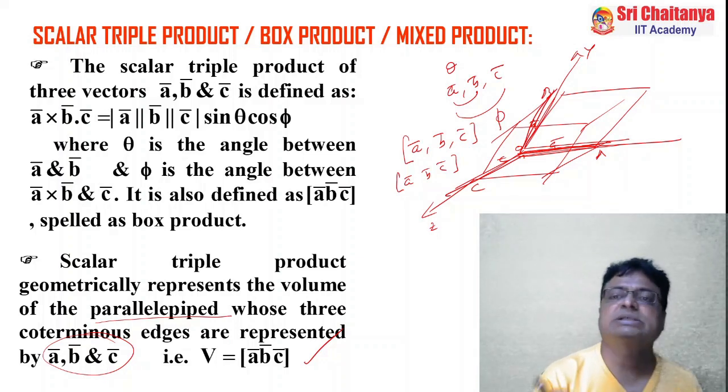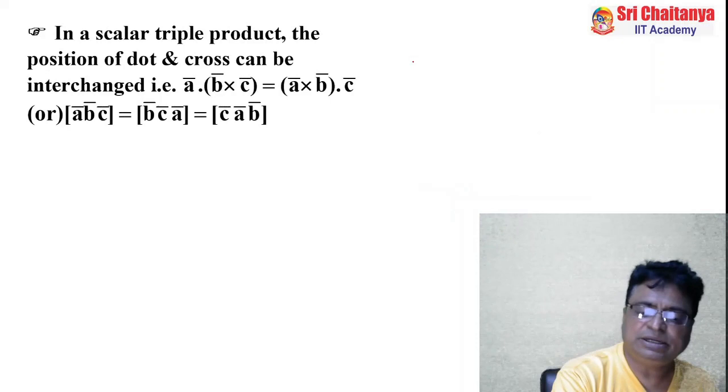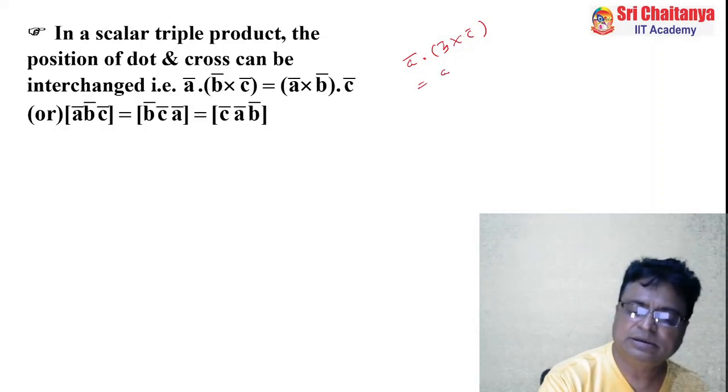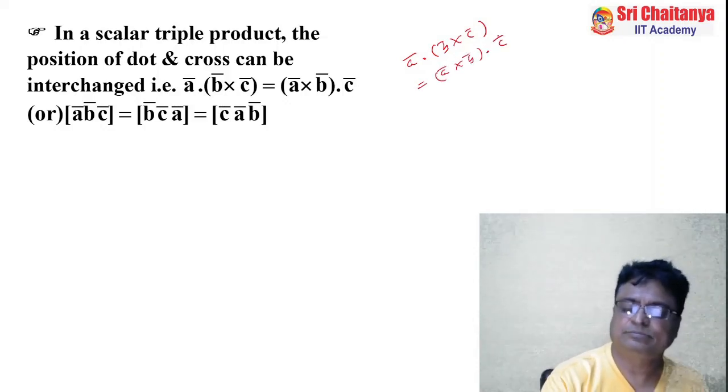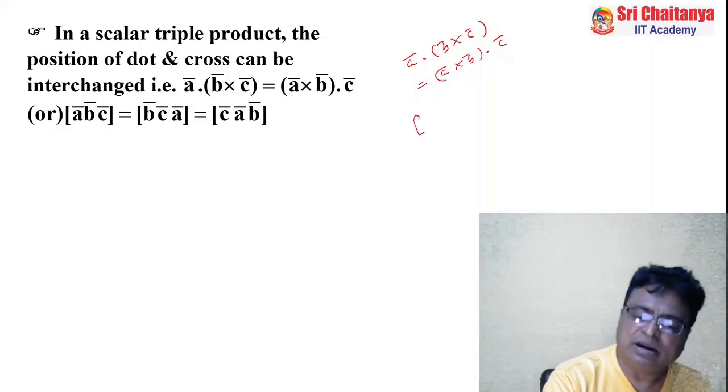And my friends, A bar dot B bar cross C bar is nothing but A bar cross B bar dot C bar. Both are the same. Or I can also write it as box ABC equal to box BCA equal to box CAB.